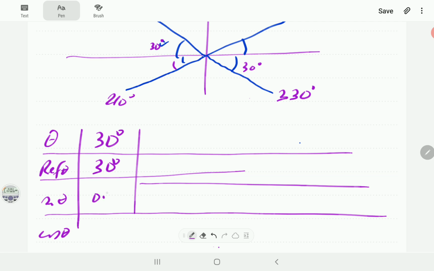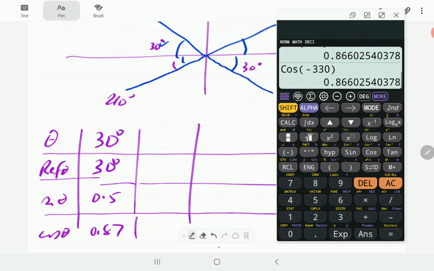Sine theta, we've already found that it's 0.5. Cos theta is 0.87. Then now we're going to go to 150. So sine 150 is equal to 0.5.